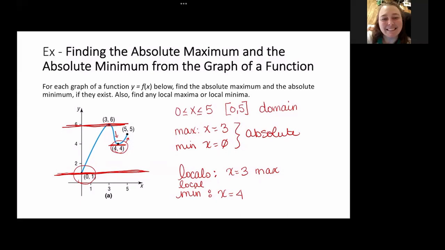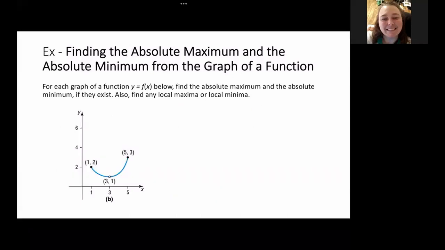Let's move on to letter B. Now let's look at graph B. One thing we do have to notice about graph B is our little open circle right there.